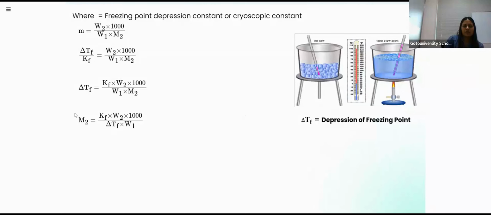We have derived the formula to calculate depression in freezing point, same as we derived for elevation in boiling point.